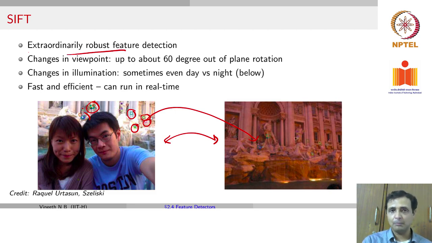It handles up to about 60 degrees of change in rotation. It can also handle a good amount of change in illumination, and it's also pretty fast and efficient, and can run in real time. There's a lot of code available for people wanting to use SIFT, and SIFT, as I already mentioned, has been used in many vision applications since it was initially proposed in the early 2000s.